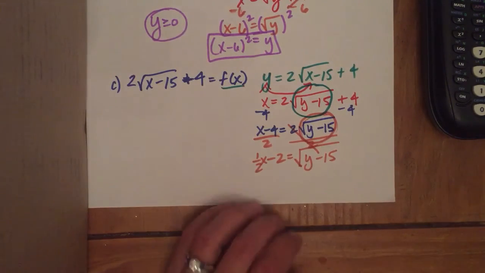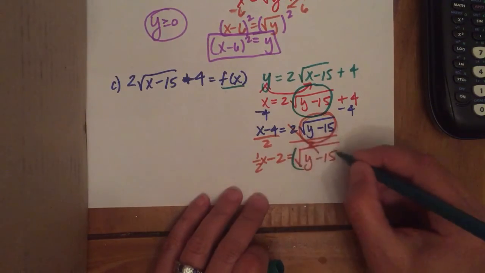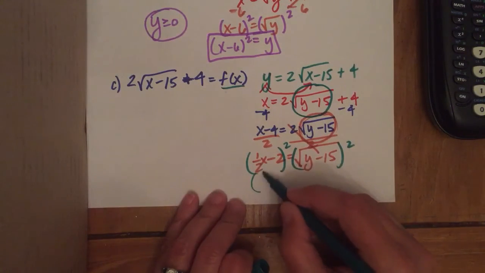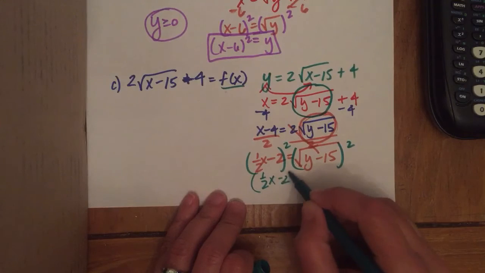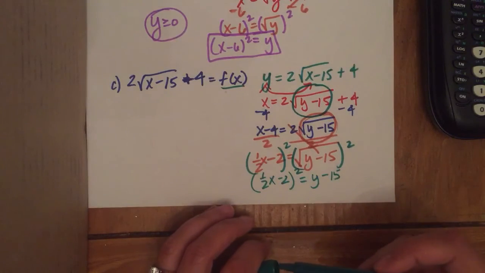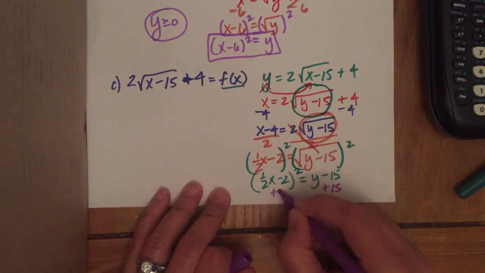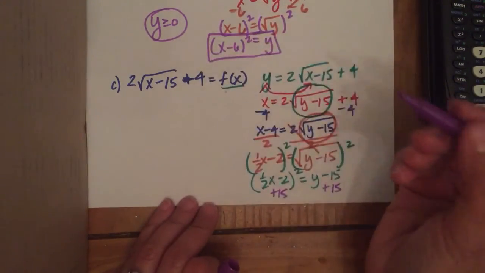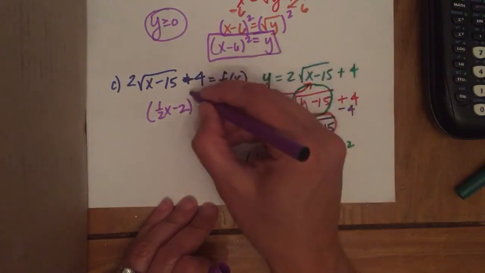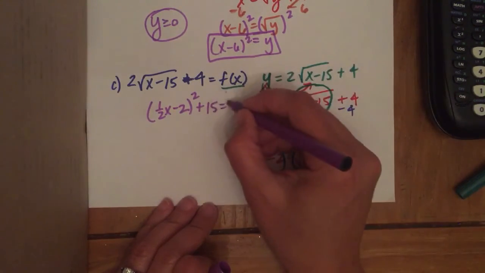So my last step is going to be to cube it, or sorry, square it. So to get rid of the square root, I'm going to square both sides. So (1/2 x minus 2) squared equals y minus 15. And then to solve for y, we just add the 15. So your answer is going to be (1/2 x minus 2) squared plus 15 equals y.